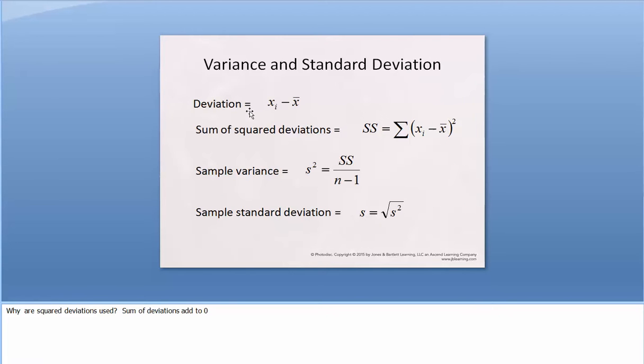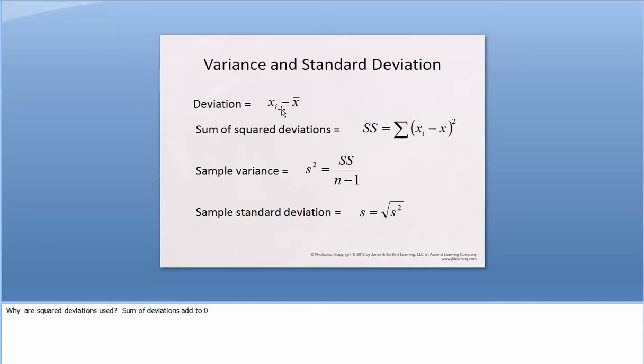So let's first of all learn a little bit about the notation. So deviation would be xi minus x bar. This is like the ith observation. And see, now, one way would be to average the deviations. But when you average the deviations, you will have to find the sum of the deviations, not the squared deviations, just plain deviations.